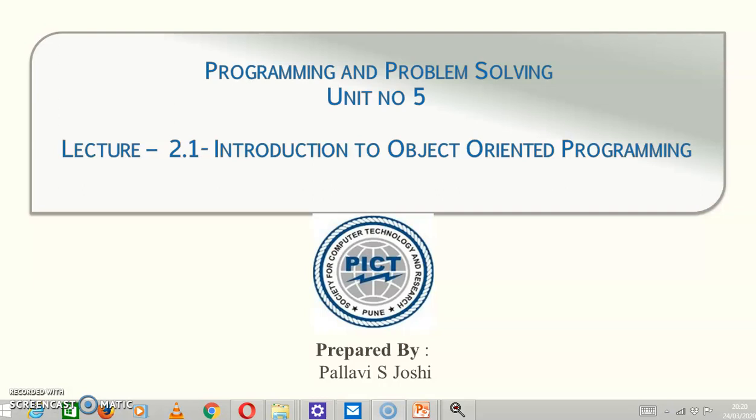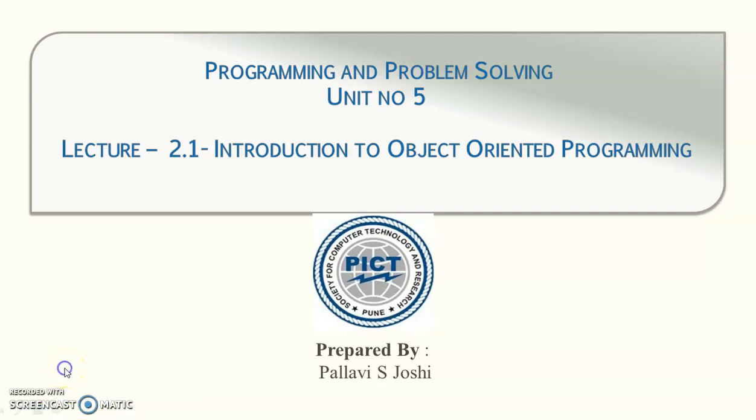In the last lectures, we have discussed programming paradigms like monolithic, procedural, structural and basics of OOP. Object-oriented programming is a programming paradigm that uses objects and their interaction to design applications and computer programs.